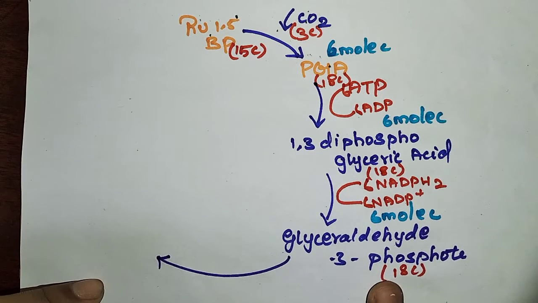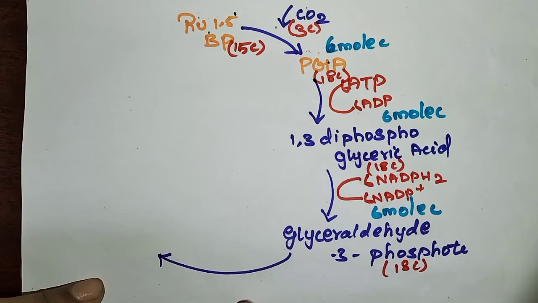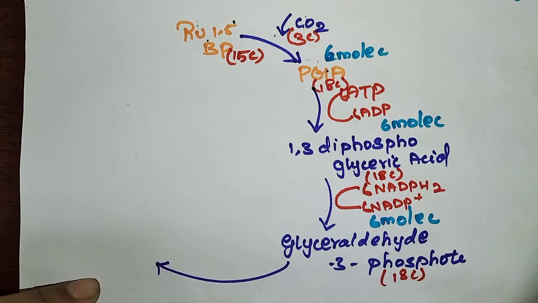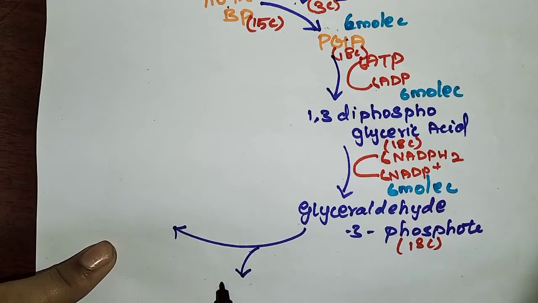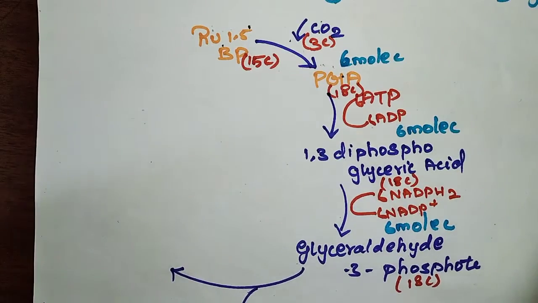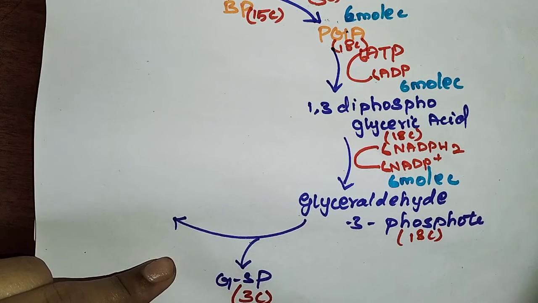Of this 18 carbon compound, one 3 carbon glyceraldehyde 3-phosphate is fixed for glucose.